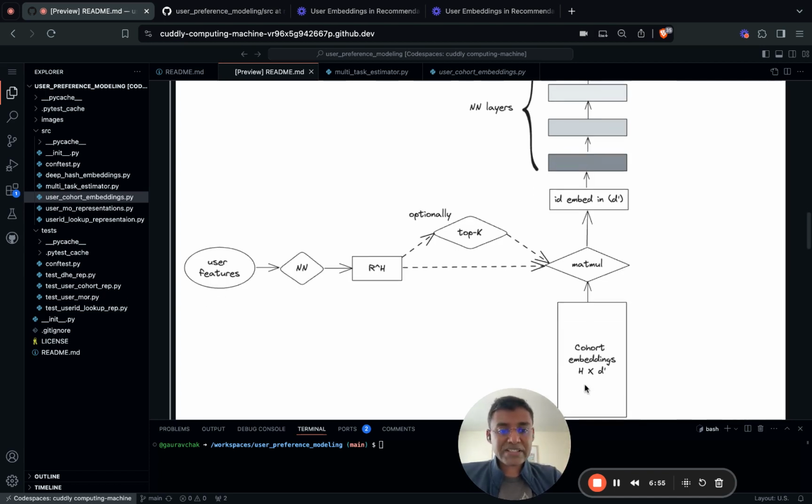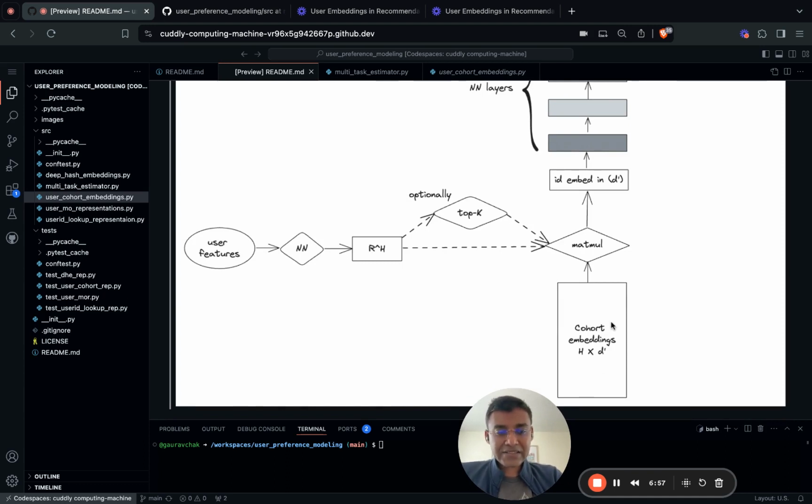Okay, so the basic idea is that let's imagine that you cluster users, and these clusters are set up in a way that, naturally, due to your model learning maximally with whatever parameters it has, they will be distinct from each other, and they will try to learn what works in their cluster.